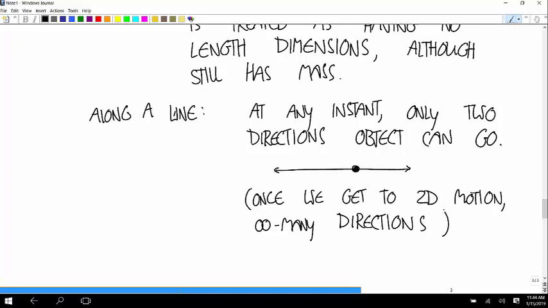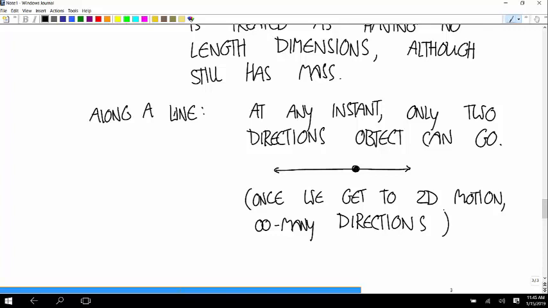And what we're going to see is that the fact that in 1 dimension, moving along a line, there's only 2 choices of where to go, means that we can represent direction with a sign. We're just going to assign one of these, and it doesn't matter which one. Let's say that one's negative and that one's positive. And then if the thing is moving in the negative direction, we know it's that way, and in the positive direction, it's that way.